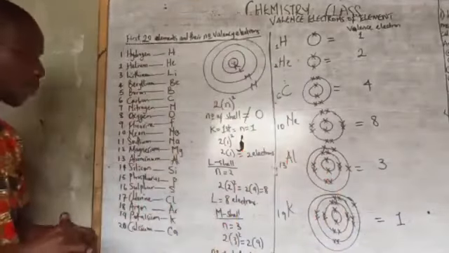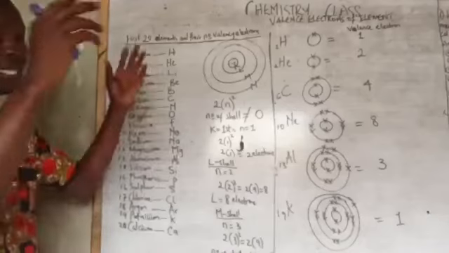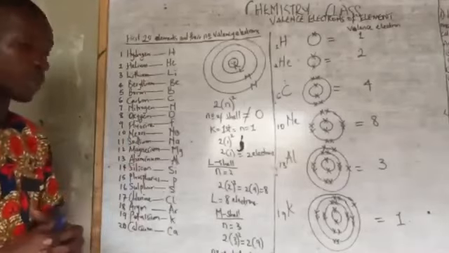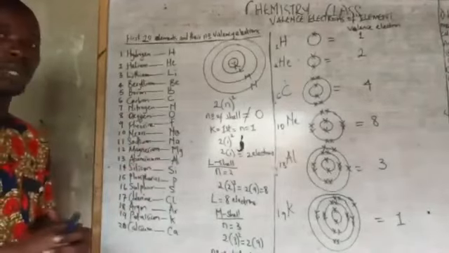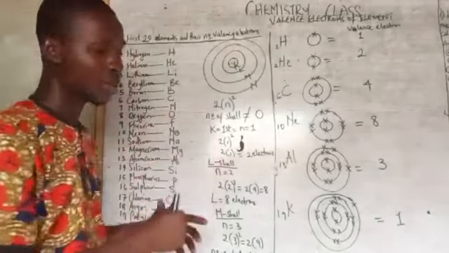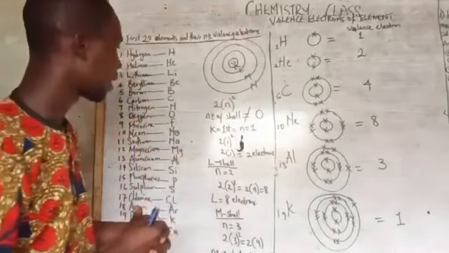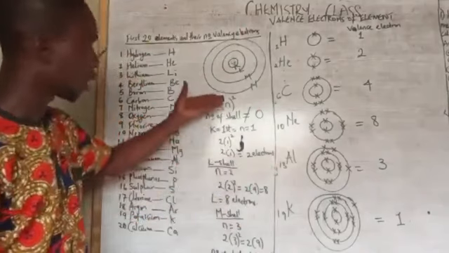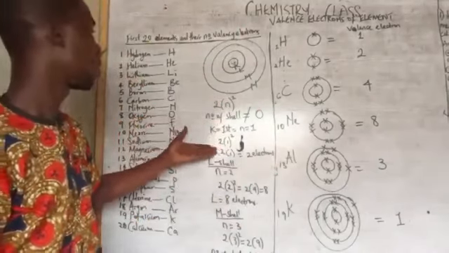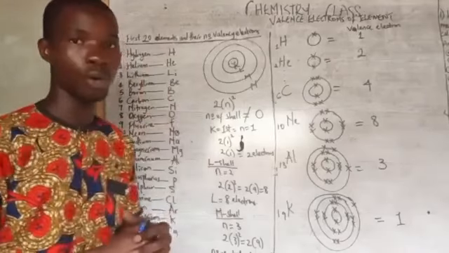The same process applies to calcium, where the valence electron of calcium is going to be 2. And in conclusion, we have seen that valence electron is the number of electrons in the outermost shell of an element. We already have seen the number of electrons that each shell can occupy.